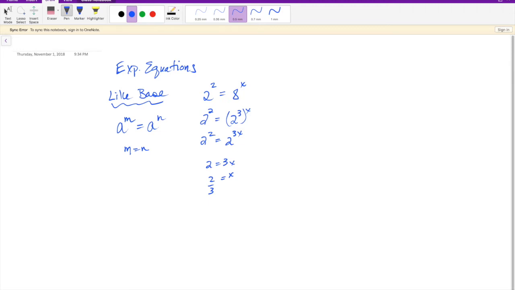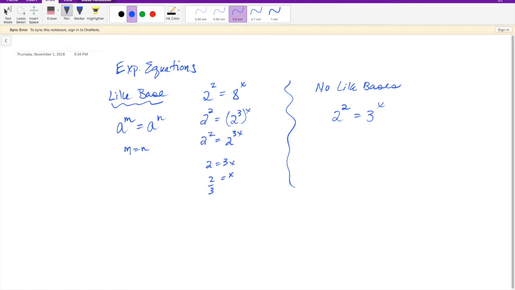Okay, the other strategy is when you don't have or can't manipulate like bases. So let's say you had something like 2 squared is equal to 3 to the x. There's no way I can rewrite 3 with a base of 2.